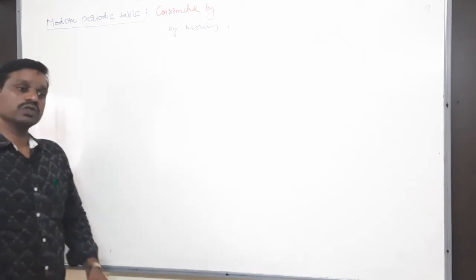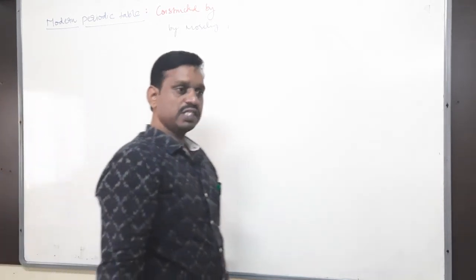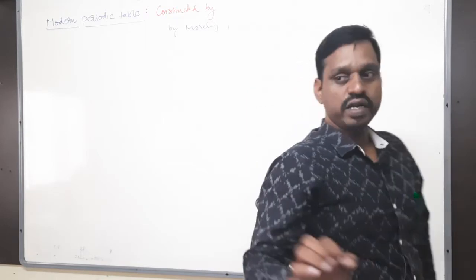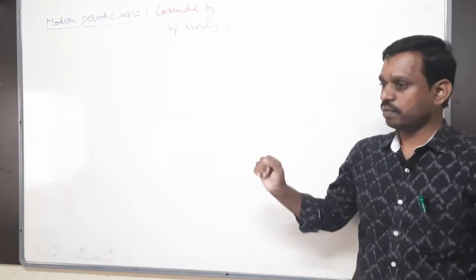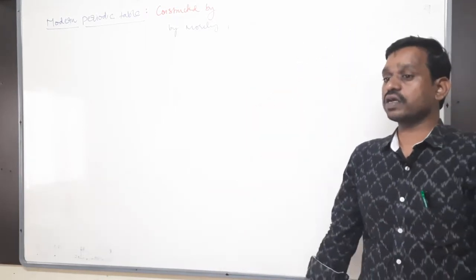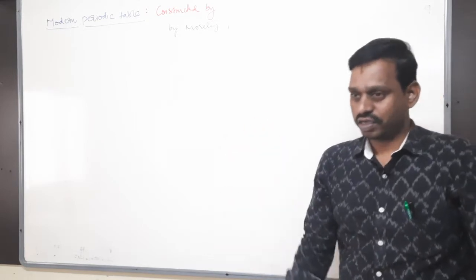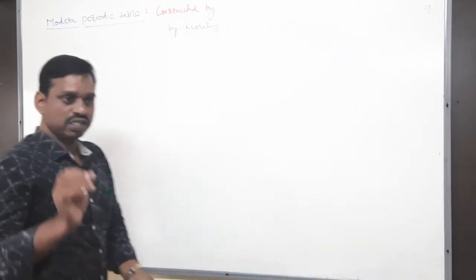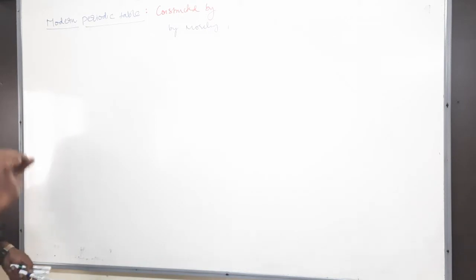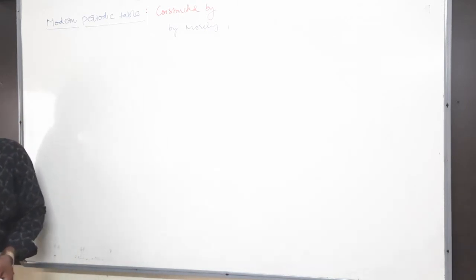Can you tell me what is Moseley's periodic law? Moseley's periodic law says that the physical and chemical properties of elements are periodic functions of their atomic number or electronic configuration. It means the physical and chemical property of every element depends on its atomic number, nothing but its electronic configuration.